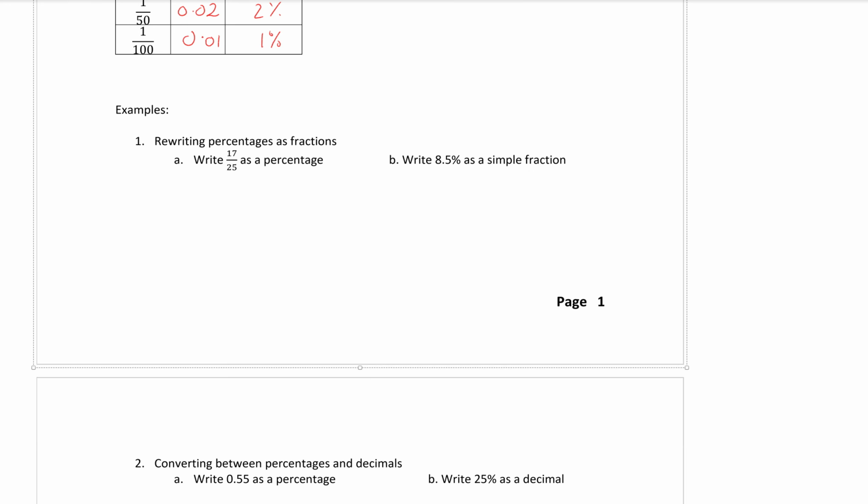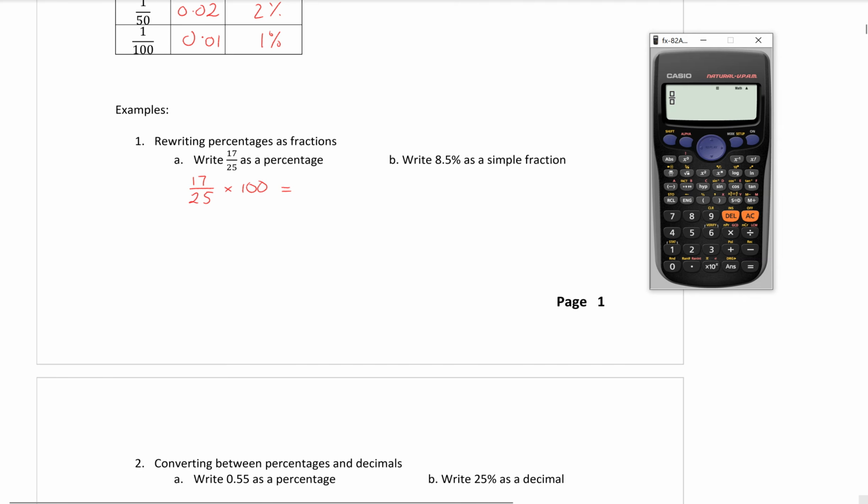The working out you would show is 17/25 as my starting number, multiplied by 100. You're showing how you get the answer. Typing it in, 17/25. Make sure you're writing this in your booklet, please. So that's 68%.